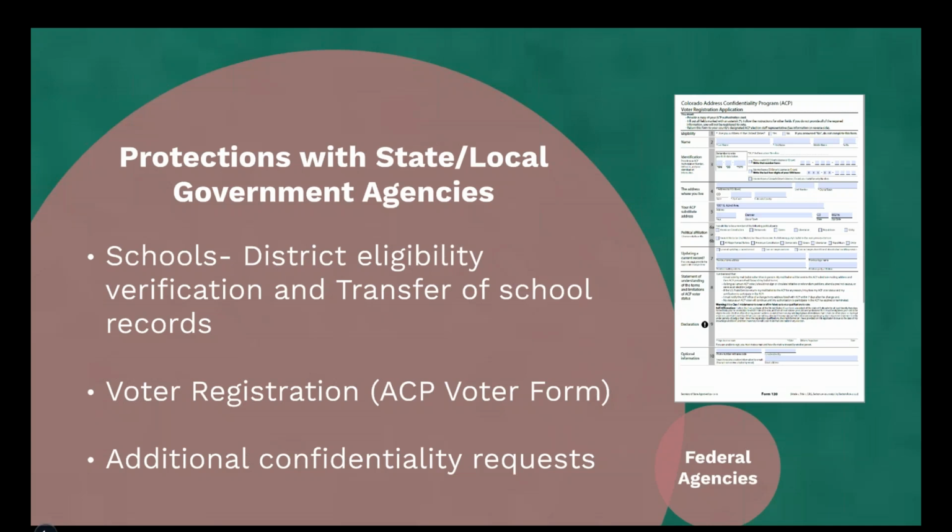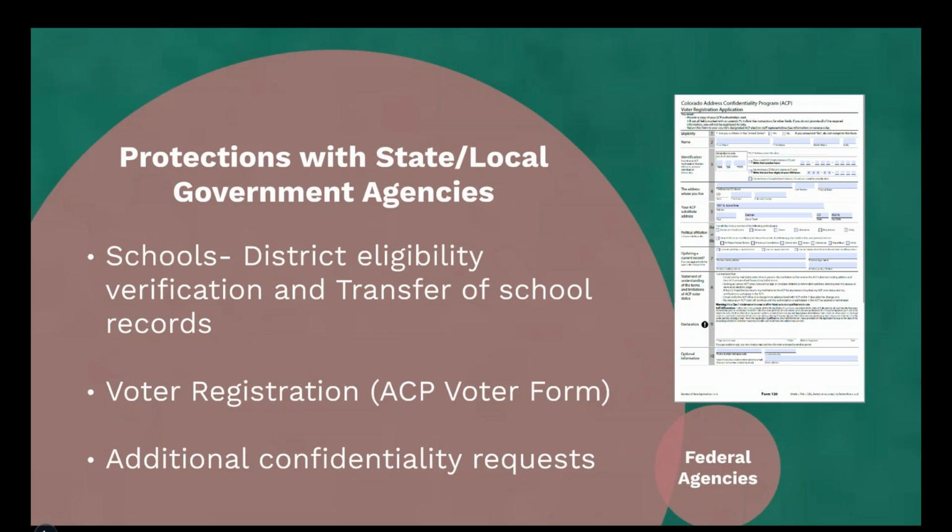There's a form in the welcome packet that we provide all new households, which they can fill out or give to the district to fill out and send directly to us. From there, we can let that district know, yes or no, that participant or those children are eligible to be enrolled in that district. And at that point, the district is responsible for enrolling those children.